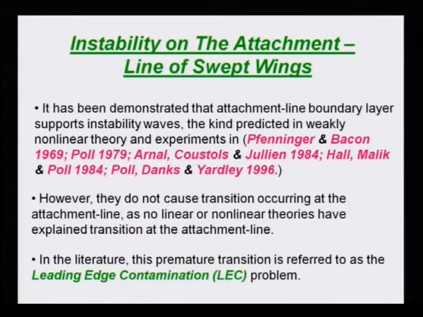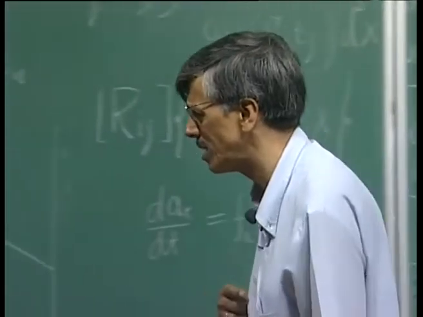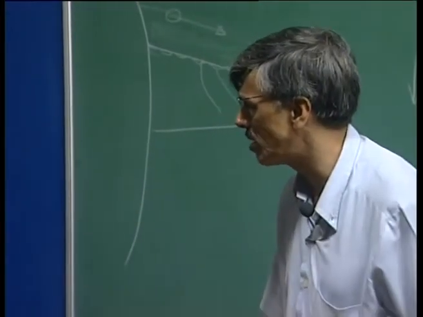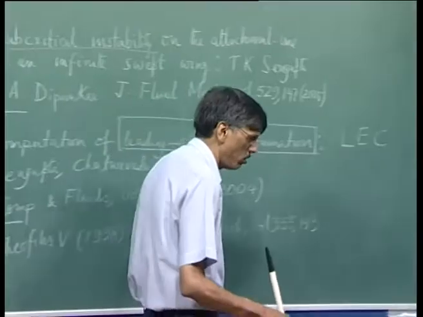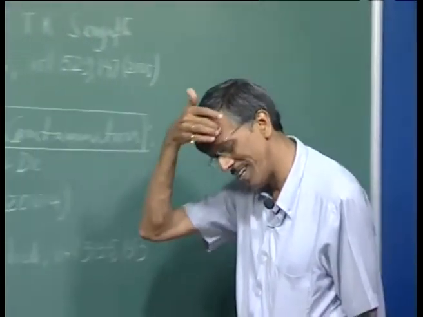Subsequently, of course, he teamed up with other people at Göttingen, one of the DLR labs, I think, and they tried to study this, and one of his students also did some computational work. Basically, it was very interesting.